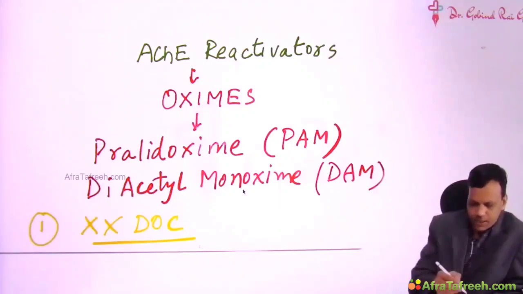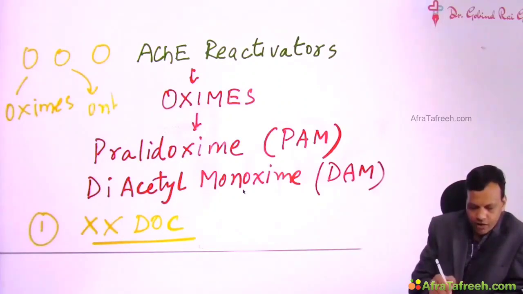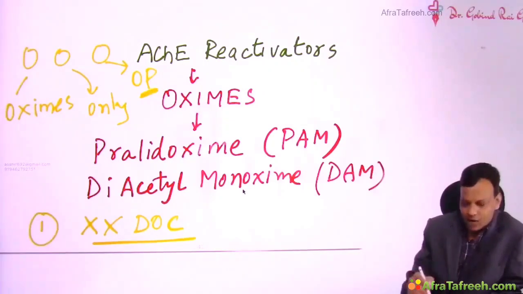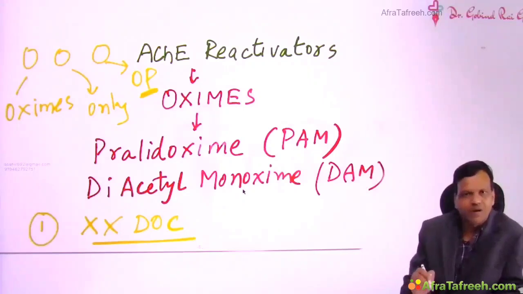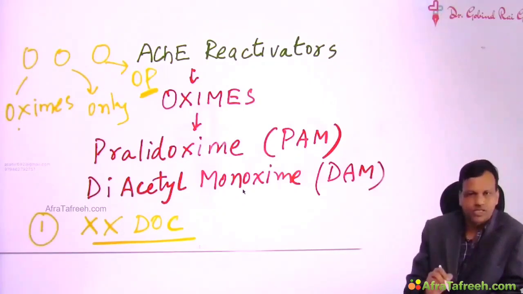The second thing you need to remember is triple O. Oximes are used only for organophosphate poisoning. Oximes are effective only in organophosphate poisoning. They cannot reactivate the enzyme inhibited by carbamates.